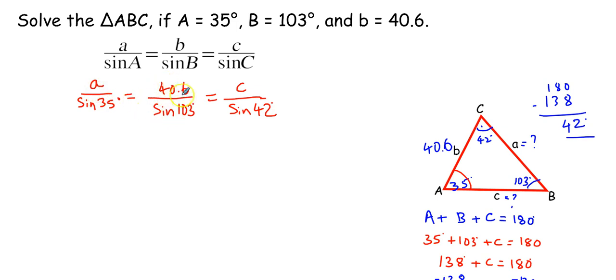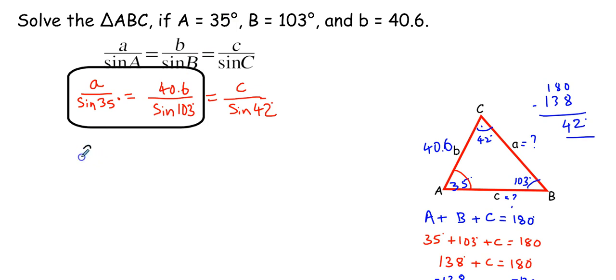And use this middle ratio with the first ratio to get the answer for A, and again the middle ratio with the third ratio to get the answer for C. So I'll show you how you do this. Like I said, I'm using this first. These two I'll use.